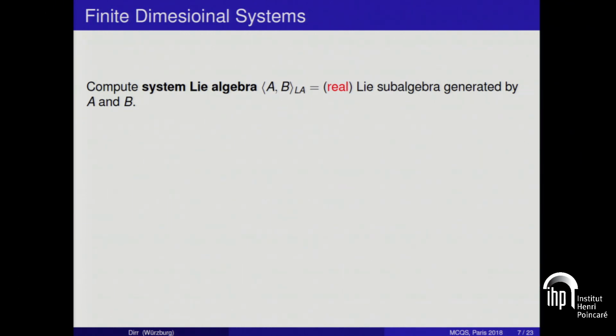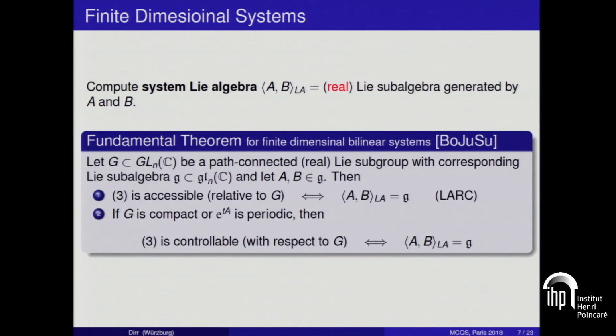So once you have computed the Lie algebra, you have this beautiful result which goes back to Brockett, Sussmann, and Jurdjevic, and it tells you the following two things. Let's start here with a subgroup of GL(N). Let's assume that it's path connected.